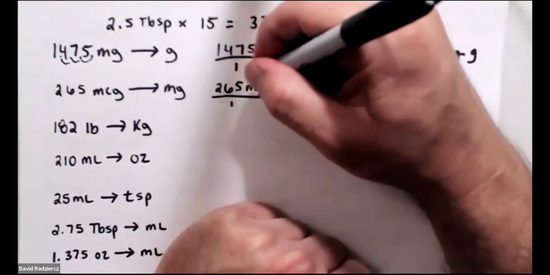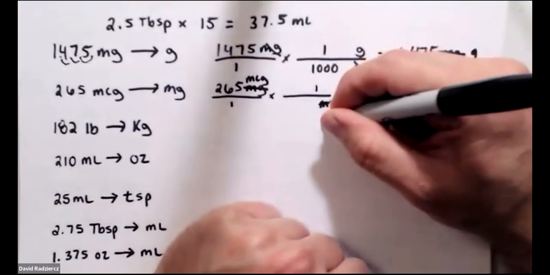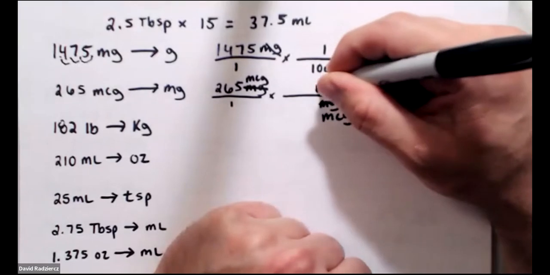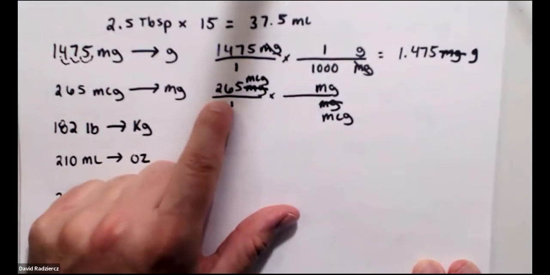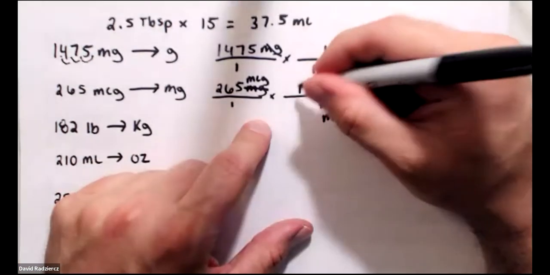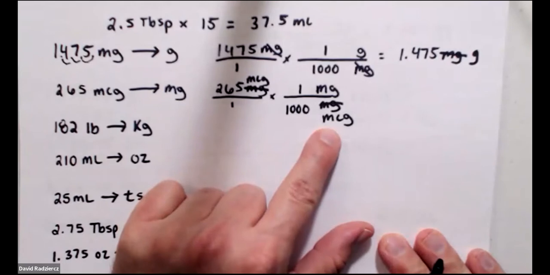I'm writing all the wrong letters here. Okay. So 265 micrograms. And I know that 1 milligram is 1,000 micrograms. So I apologize for the sloppiness. This will get cleaned up here, I promise.